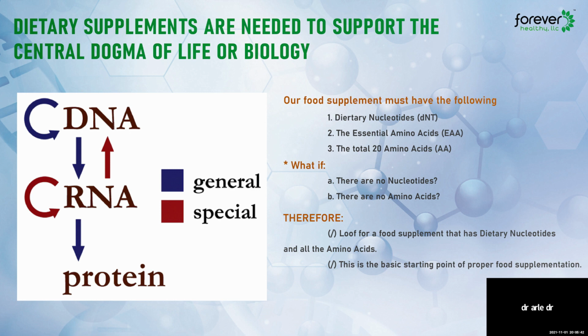So the obvious question is, what if there are no nucleotides? What if there are no amino acids? Therefore, look for a food supplement that has, number one, dietary nucleotides and all the amino acids. Therefore, this is the basic starting point of proper food supplementation. So what does that mean?